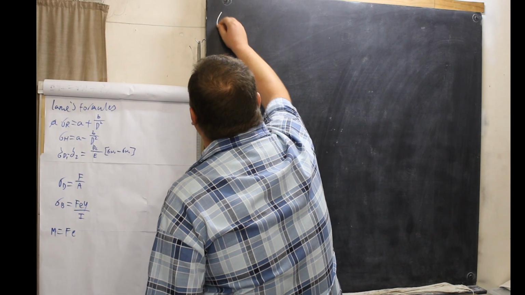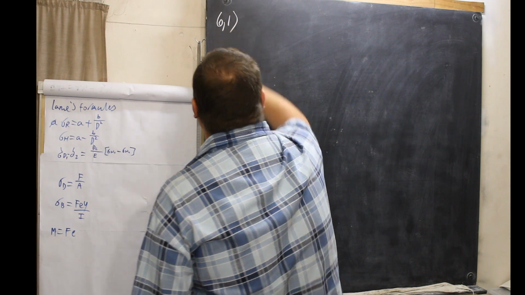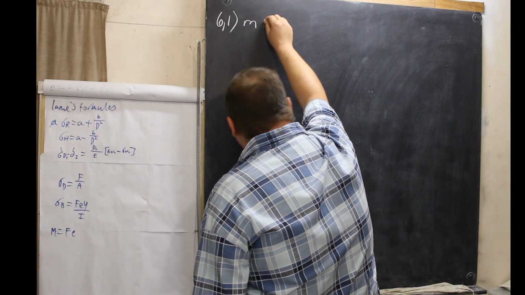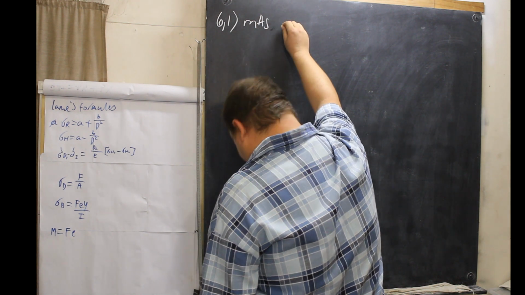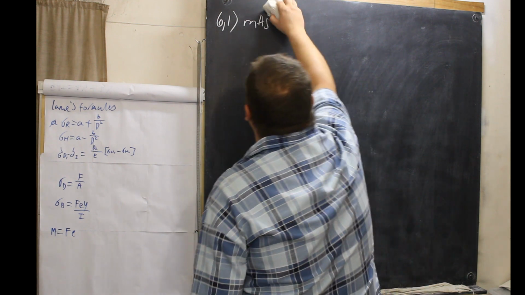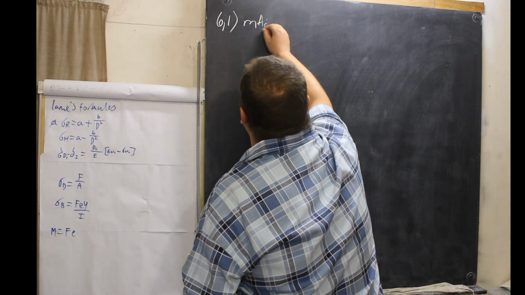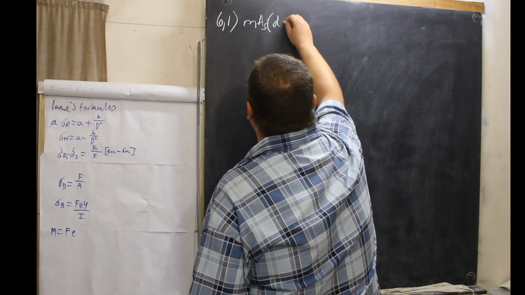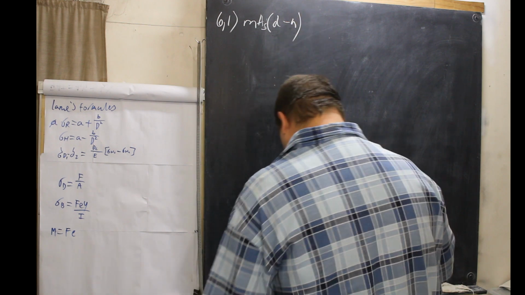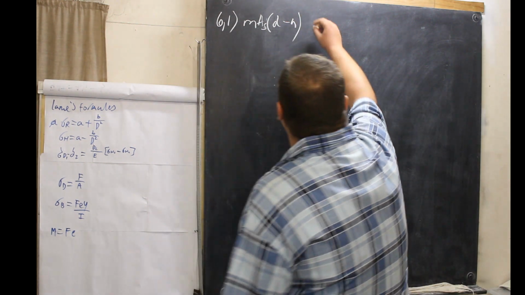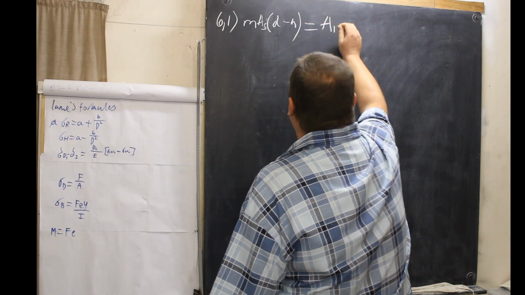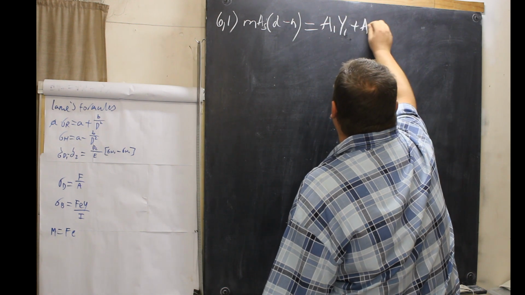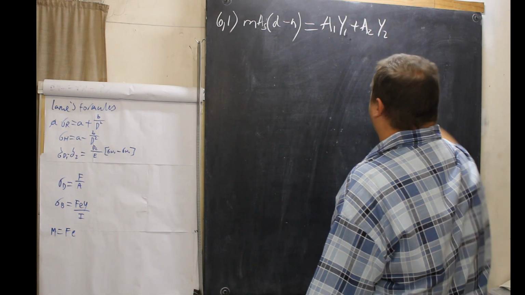We've got to find the value for n. m A_s (d minus n) equals A1 y1 plus A2 y2.